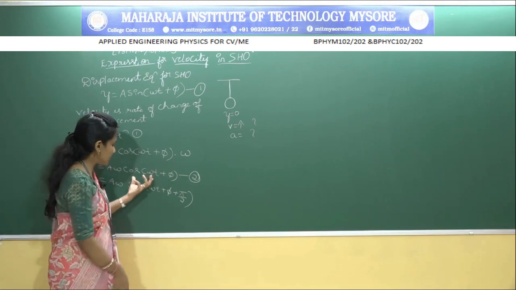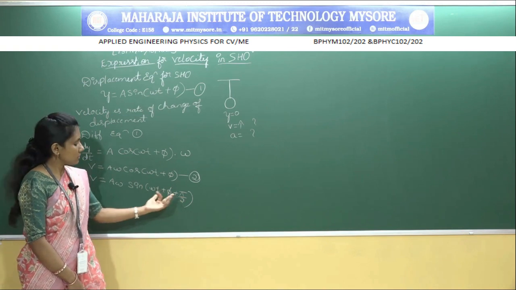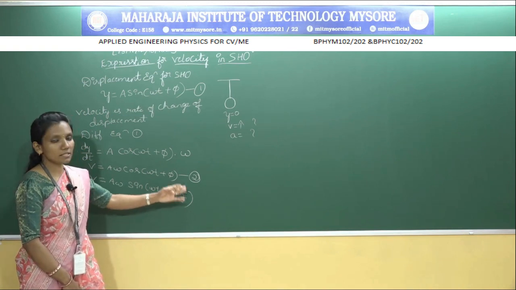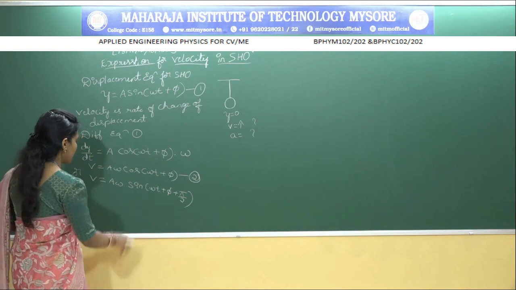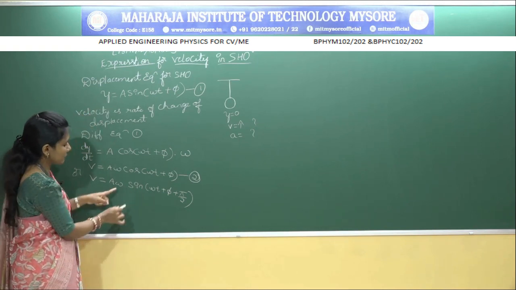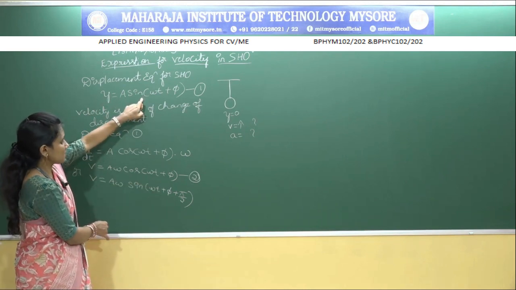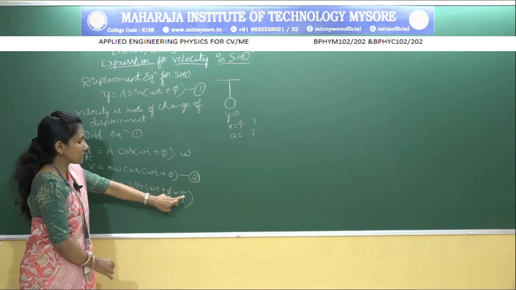So we are just writing it in terms of sine with some angle. If we now compare the displacement equation and the velocity, the phase difference between them is 90 degrees.